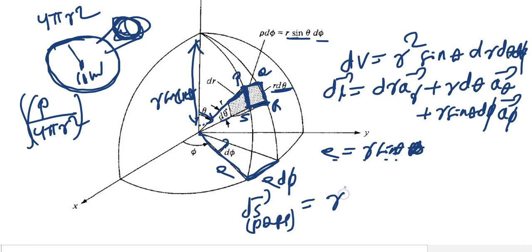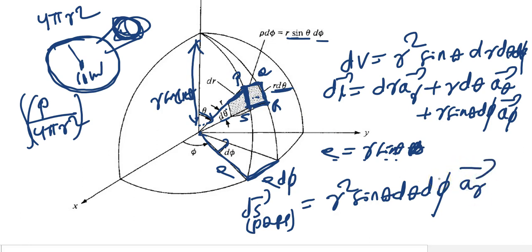So r square sin theta d theta d phi, and the normal vector will be perpendicular outward of the surface, simply ar. In the same way you can look for the other surfaces and accordingly multiply and find the surface.